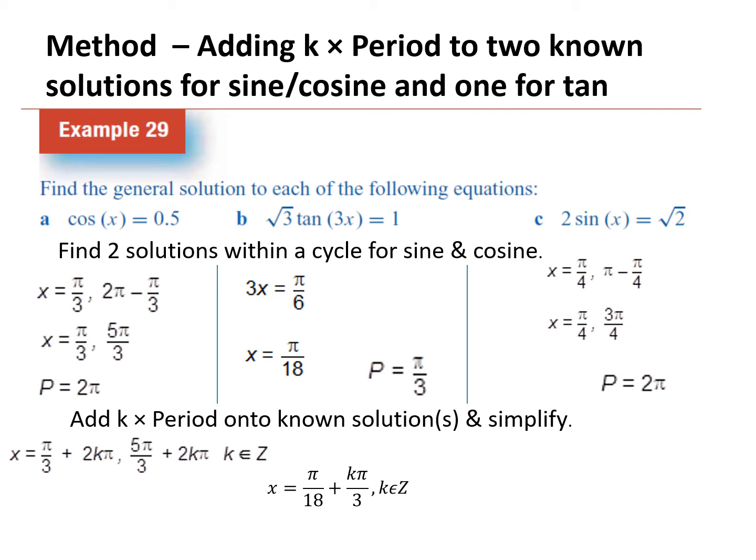So pi on 4 plus k times 2 pi for one solution, 3 pi on 4 plus k times the period 2 pi gives us another infinite set of solutions. So replacing k with -1 or 17 or 243 gives us any solution imaginable from that equation, expressed in the form you see below you, with k replaced by some integer value or another.